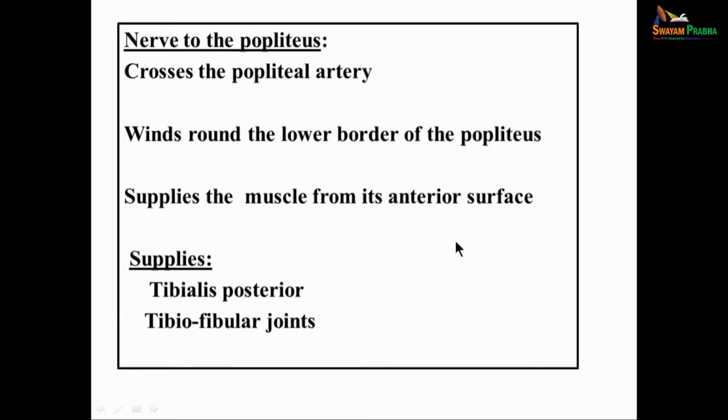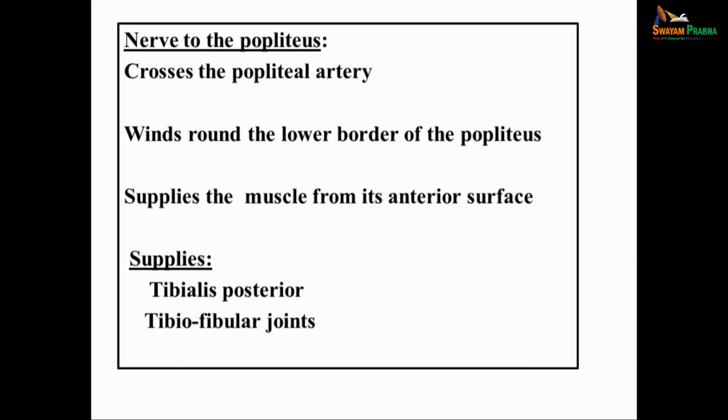So actually it is running on the posterior aspect of the popliteus, then goes to the distal aspect of the popliteus muscle, winds around its lower border and then comes to its anterior surface and supplies the muscle. So that's the interesting part there. And apart from that, it also supplies the tibialis posterior and the tibiofibular joints.